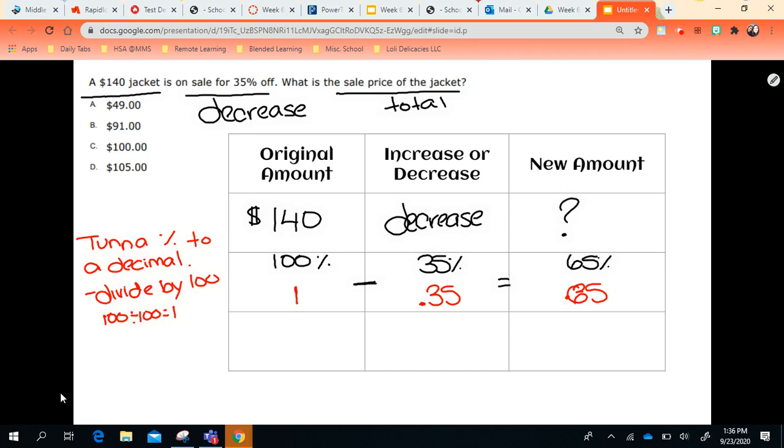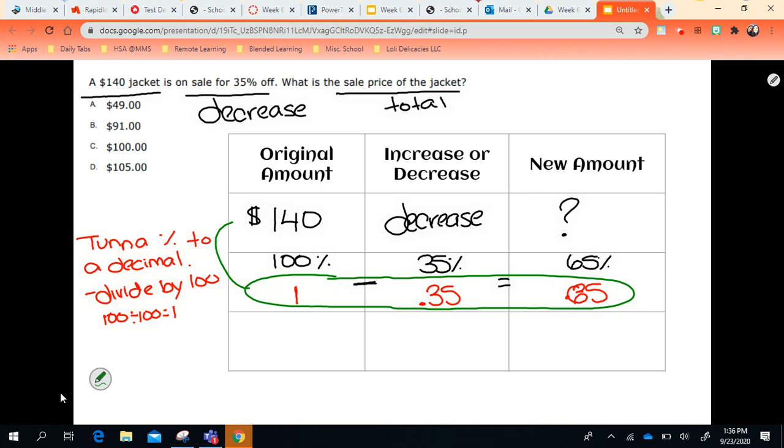So now for our last row, I'm going to take these decimals and I'm going to multiply them by my original. So I know that here I have 1 times 140, and that gives me a total of 140. So that's correct. That was my original amount.